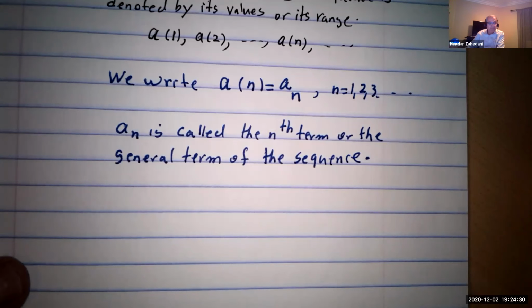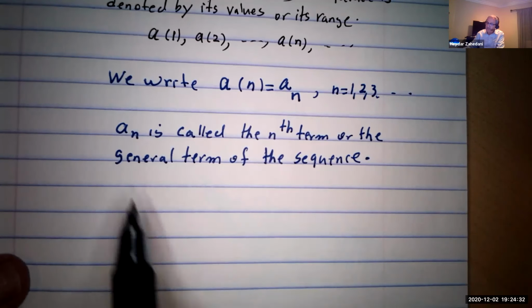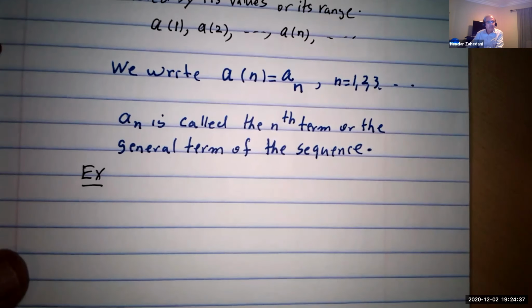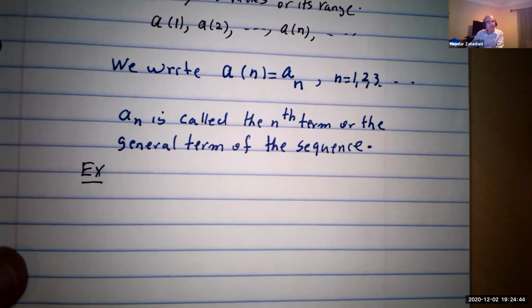Okay, so let's see the examples. The first example: they usually ask you to list some members of the sequence.